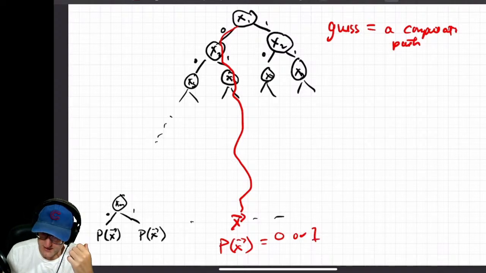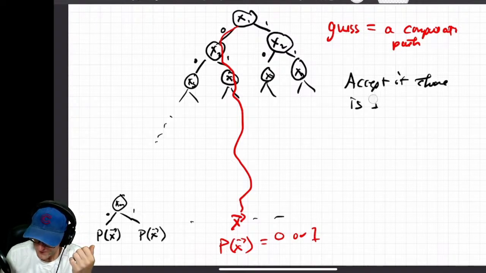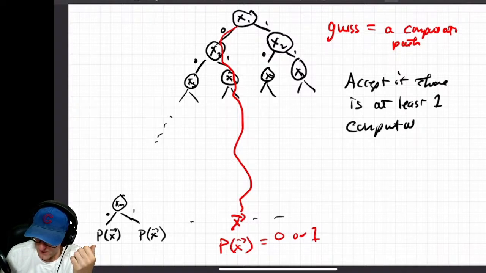My acceptance criteria of this entire thing: if there is at least one computation path that accepts. Okay?